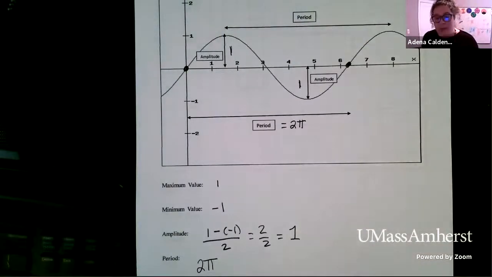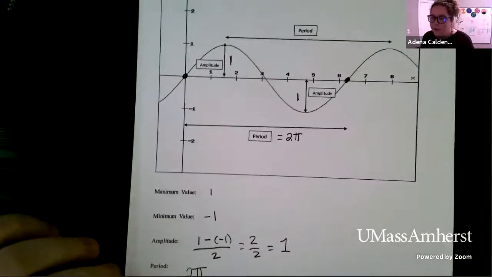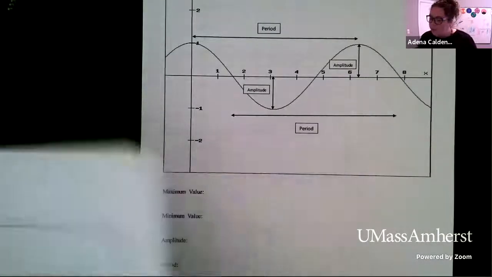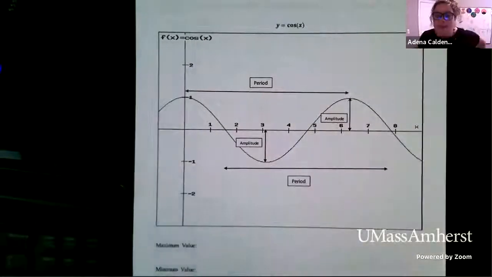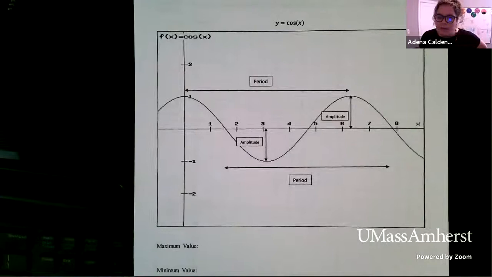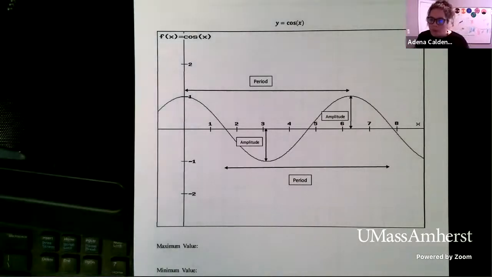We are also going to look at the same thing for cosine, and then we'll start comparing the two of them. Okay. So for cosine, we can see that it looks very, very similar to sine. It turns out that cosine and sine are the same function shifted by pi over 2, right? So it's going to have all the same characteristics as sine, but the difference is where we start and where we end.